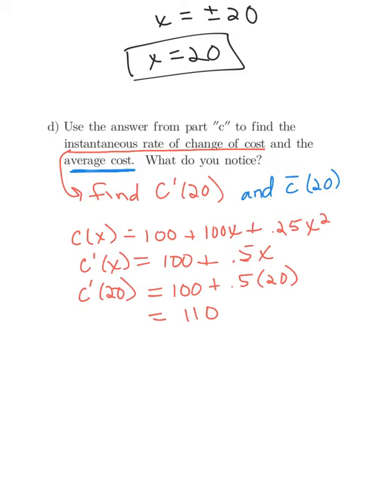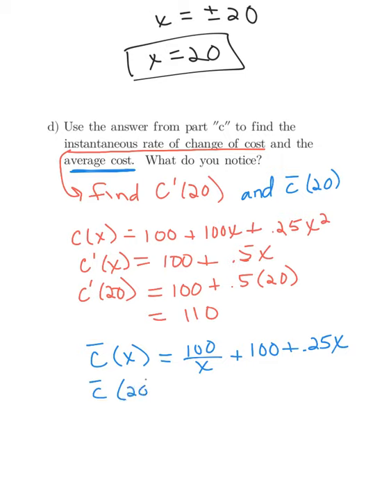The other thing that we are asked to do here is to do C bar of 20. So let's go back. We don't have C bar on screen either. So our original C bar was 100 over x plus 100 plus 0.25x. That was what we found C bar to be way back in question A. We are supposed to put 20 in there.